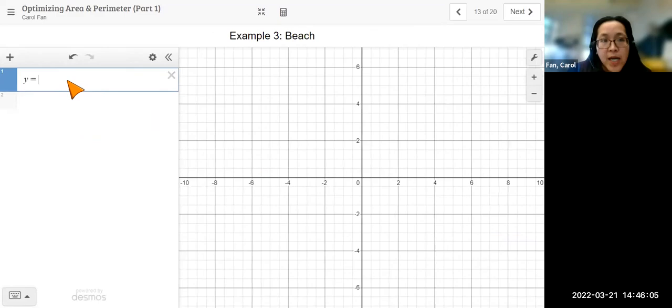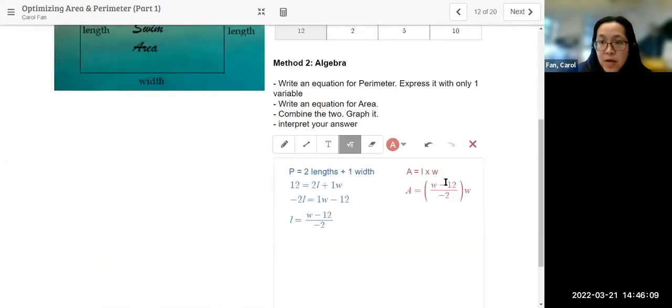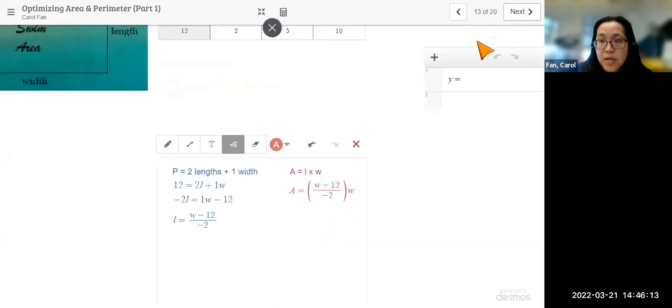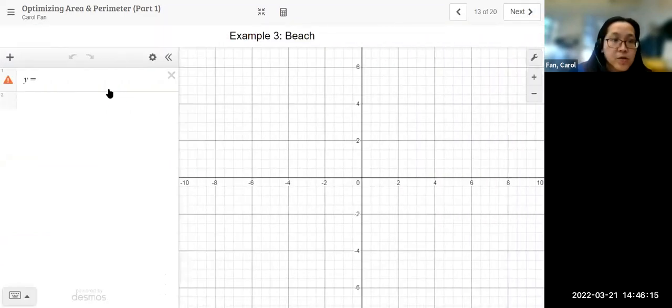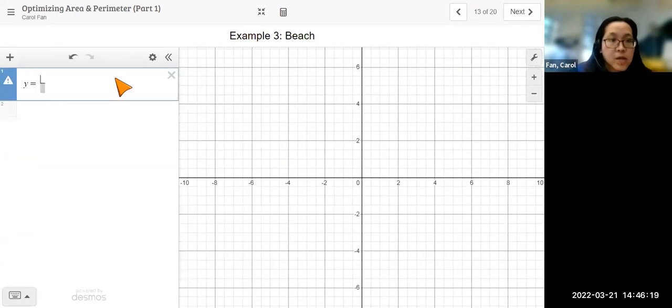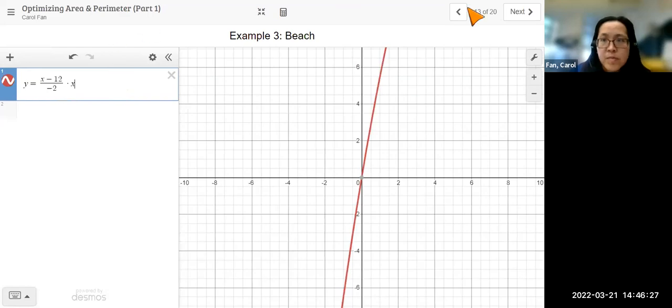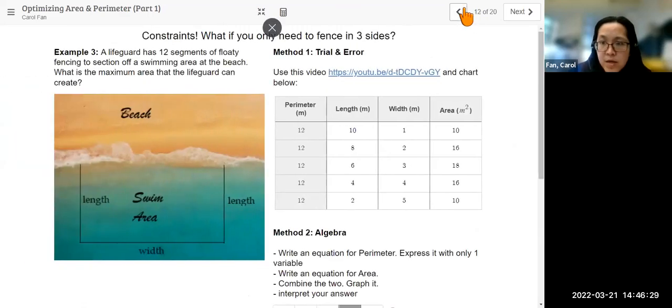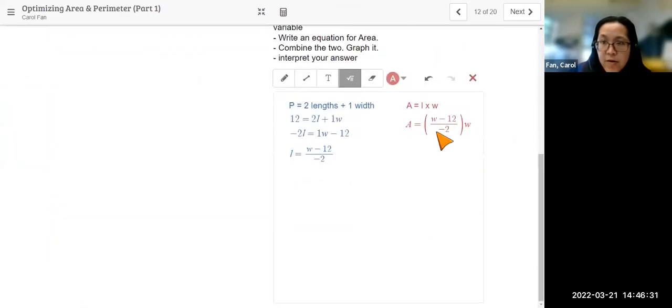So we have y is equal to x minus 12 over negative 2 times x.